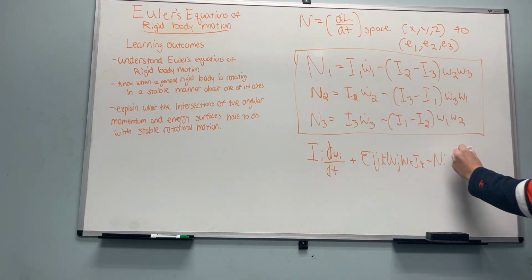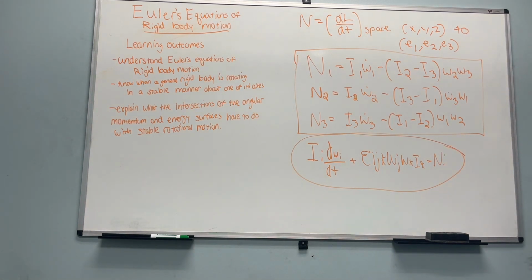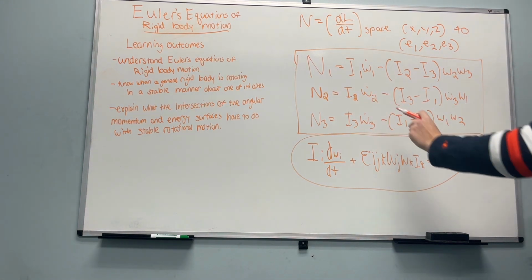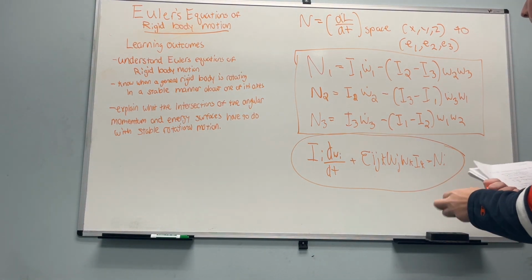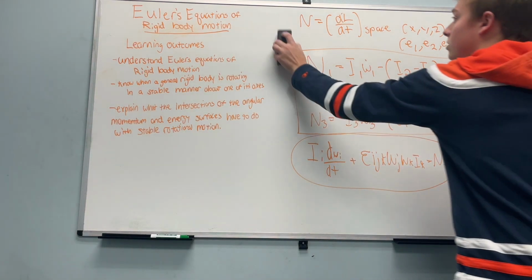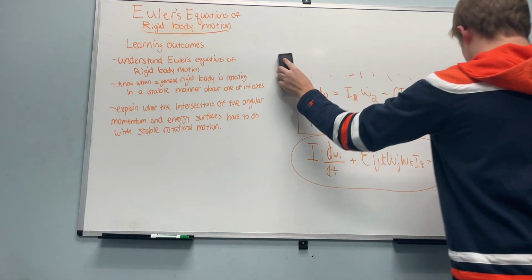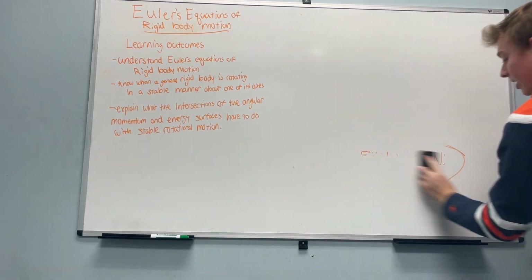Now here is our most general form of these three equations that describe Euler's equations of rigid body motion. Now, our next part will be to explain the stability of free motion about a principal axis.